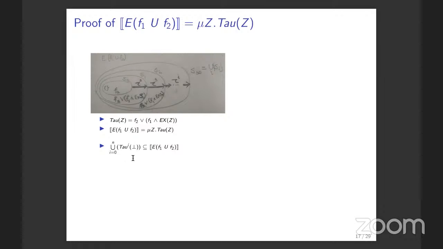So there are two things that you have to show. Those states that are contained in the limit of this tau chain, which is a union of these things starting from bottom, which is false, every such state is one that satisfies E F1 until F2 as per the semantics.